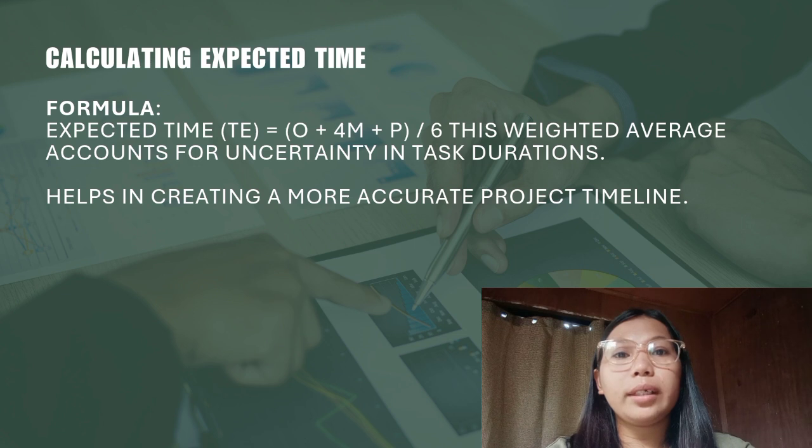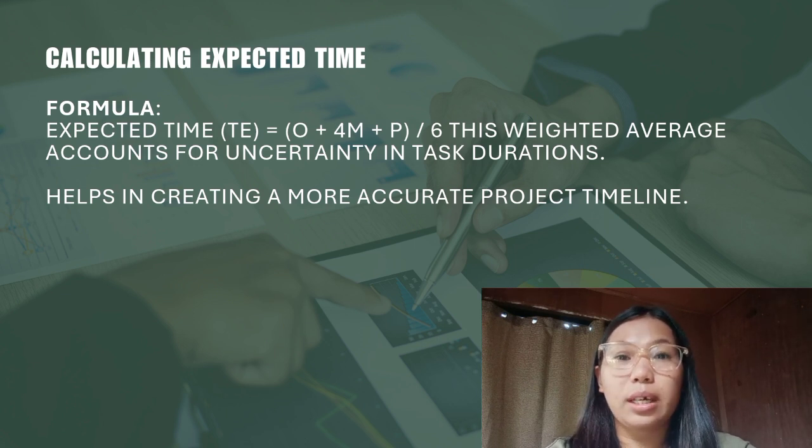Now, in calculating expected time, we have the formula: expected time, or TE, is equal to O, the optimistic, plus 4M, the most likely time, plus P, the pessimistic time, divided by 6. If you wonder why there's a 4 on the M, we give more weight to the most likely time.